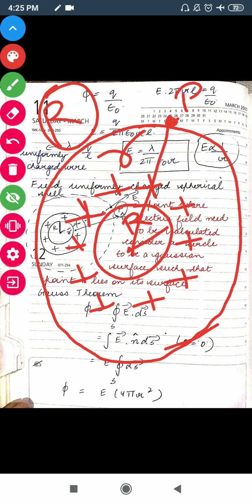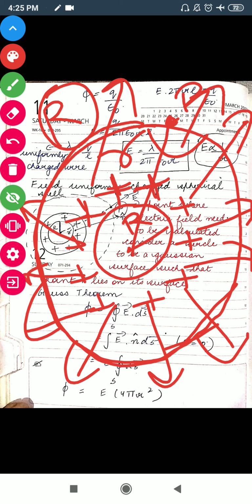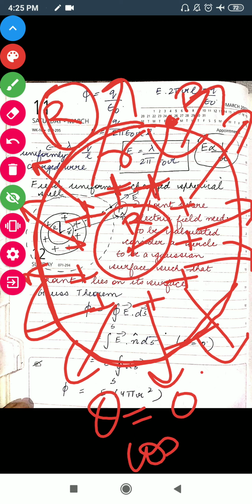Now if I consider a very small area on this outer Gaussian surface, then the unit vector will be in this direction, and since there are positive charges on the spherical shell, the direction of electric field is also going to be in the outward direction. Since the electric field and the unit vector of the area are both outward, the angle theta is going to be 0 and cos 0 is going to be 1.